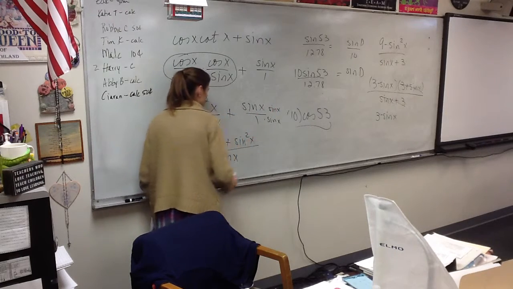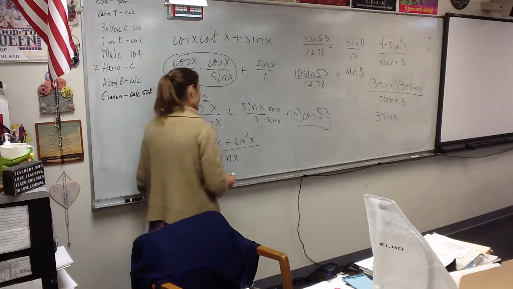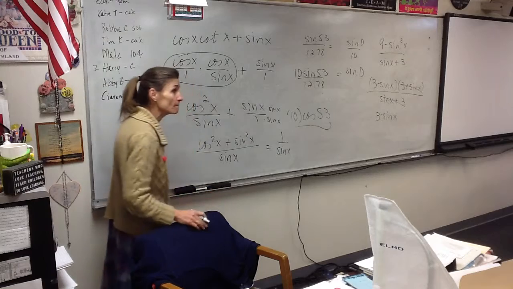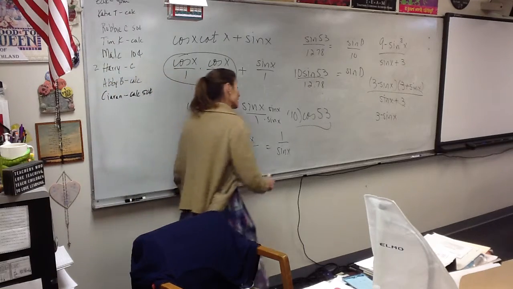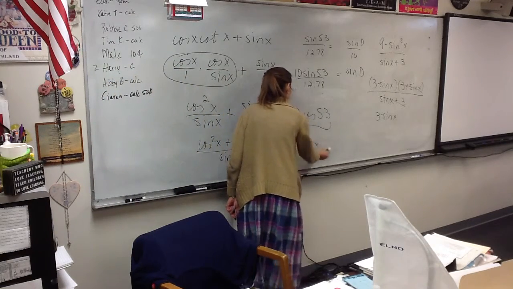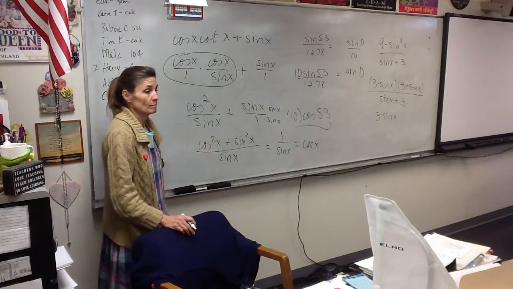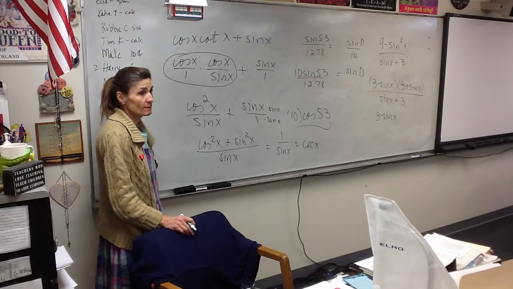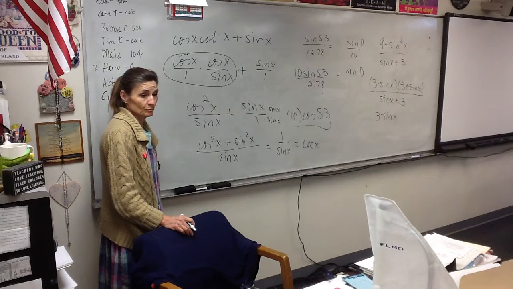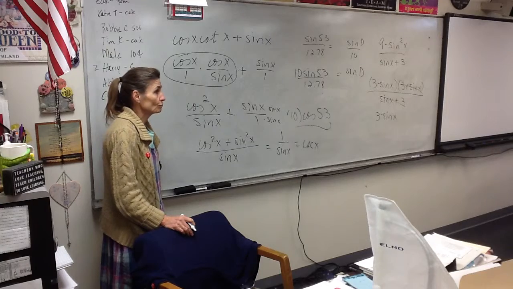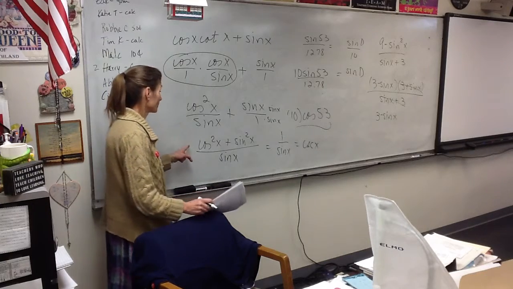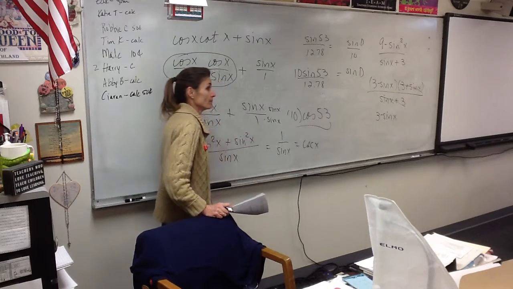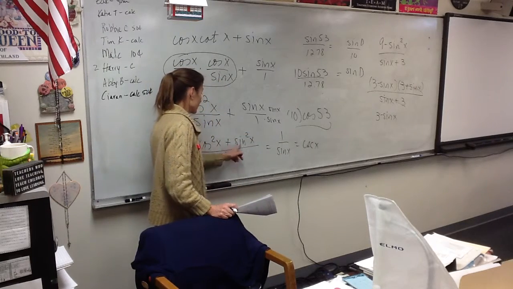That's just 1. So I have 1 over sine, which gets you full credit, but that's cosecant, which might get you a little bit of bonus credit. That was tougher than I thought it was going to be.